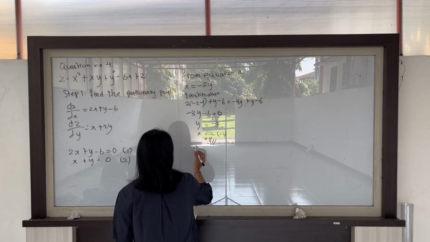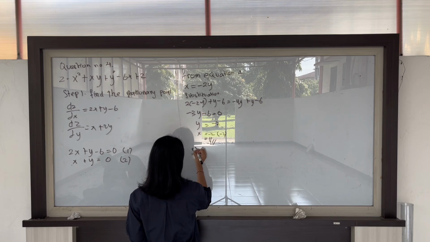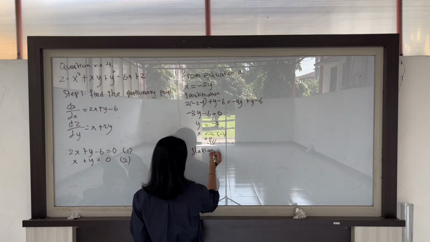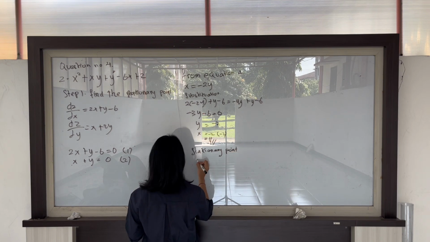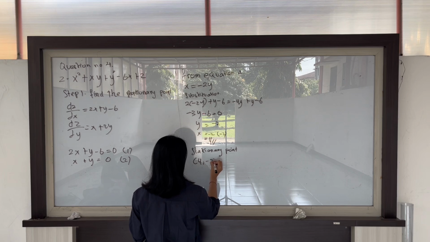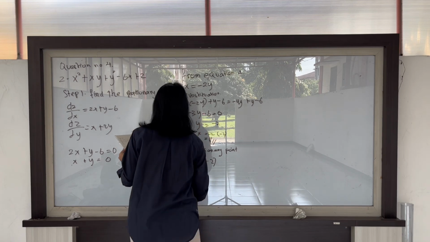So the stationary point is 4 and negative 2.